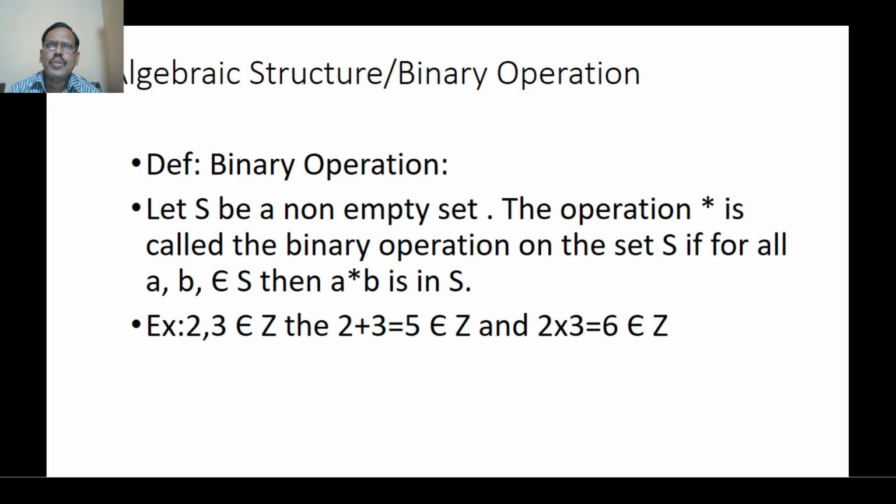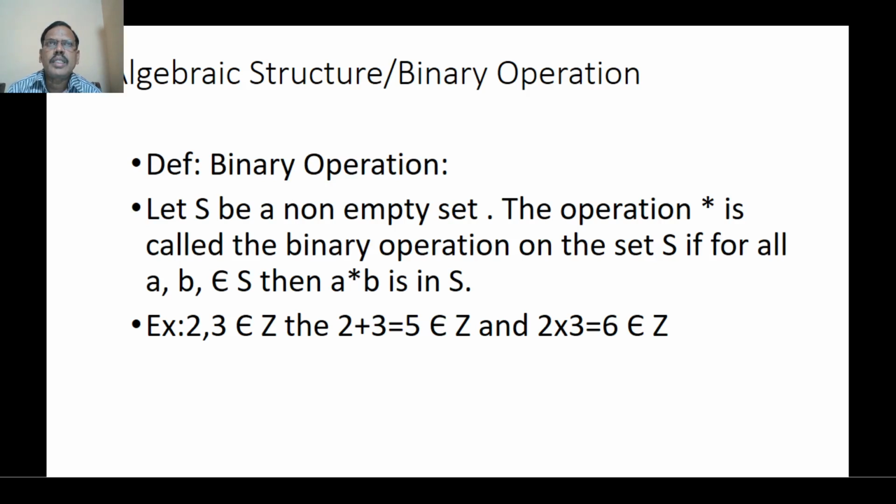Then if you take two elements from that set and apply the binary operation star on those two elements, and the resulting element, that is a star b, is also in S, then S is called closed with the binary operation star, or star is a binary operation on S. We call star a binary operation on S, or S is closed under the binary operation star.